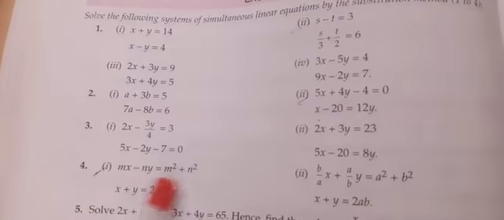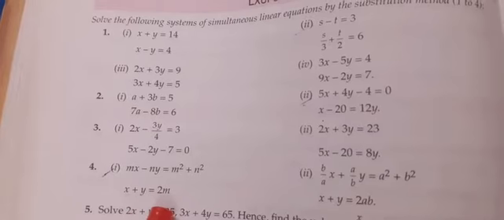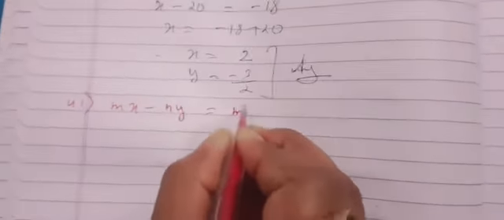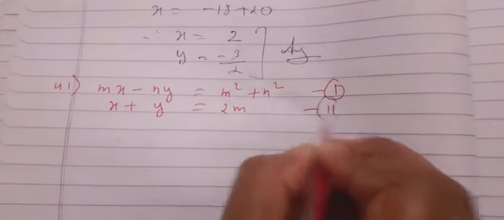As you can see, this question is different from the rest, so that's why I've chosen this one, because maybe it is difficult for you to solve, so I'm going to solve it. So these are the two equations, equation 1 and 2.